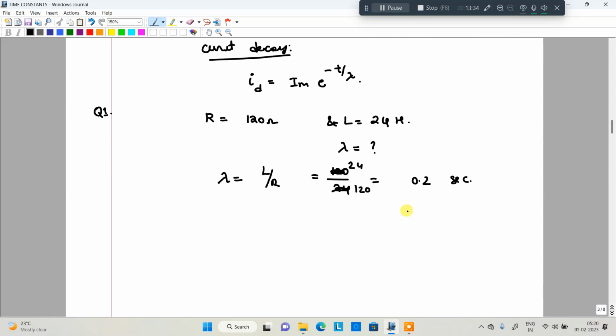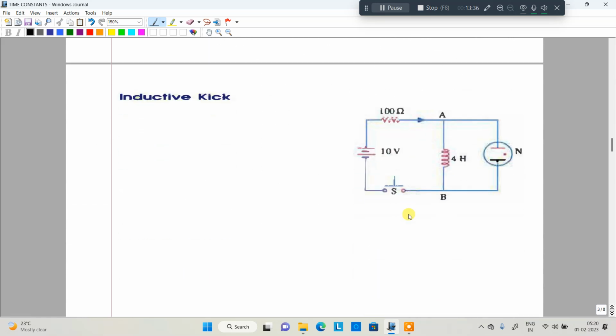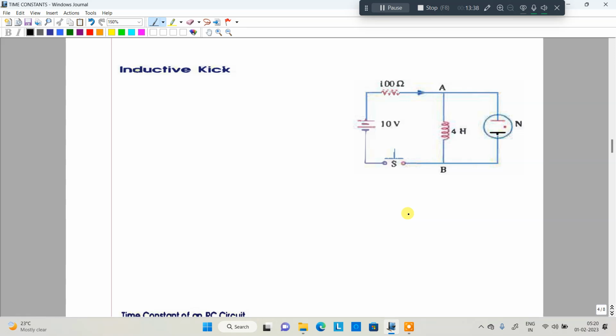Then we are moving to the next topic, that is inductive kick. In the syllabus it is mentioned, what is meant by inductive kick. See, initially the switch is closed, right? Whenever the switch is closed, what will happen? Through the resistance, the inductor is going to be energized.